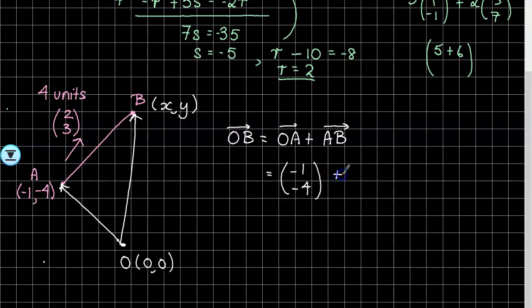Now, how am I going to find this AB vector? We know that it is in the same direction as this, but 4 units long. At the moment, if I just added on 2, 3, how long is that vector? Is it 1 unit? 3 squared is 9 plus 2 squared is 4. So at the moment, this has got a length of √13.